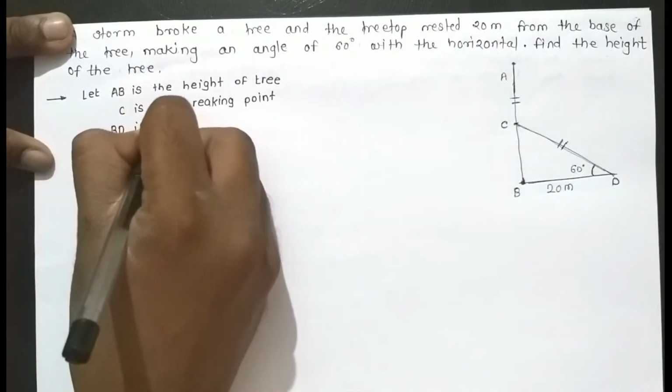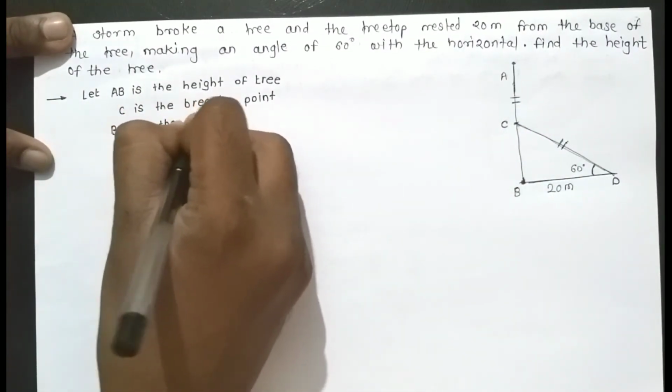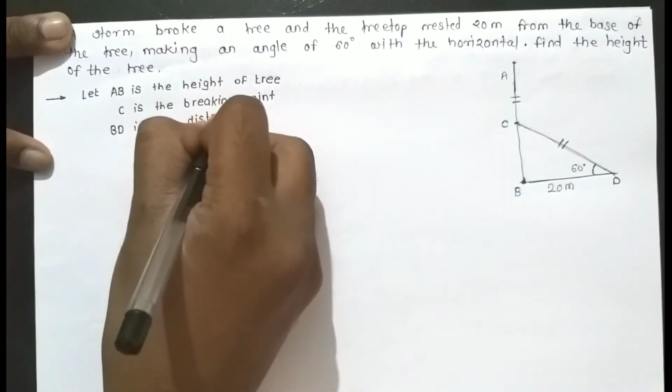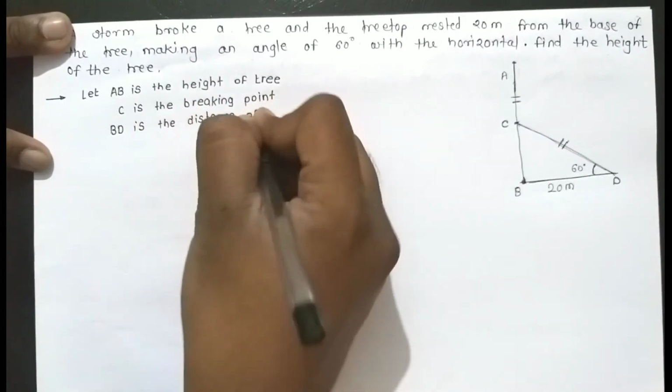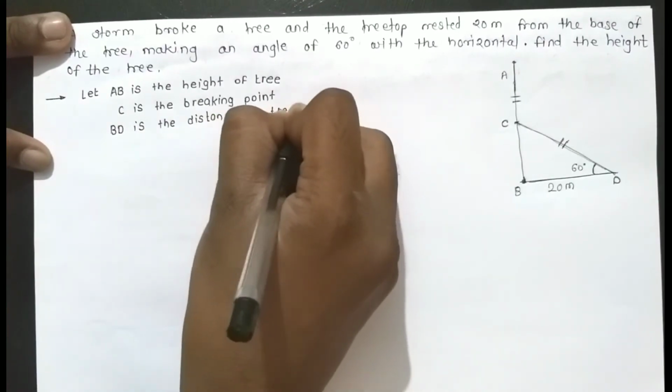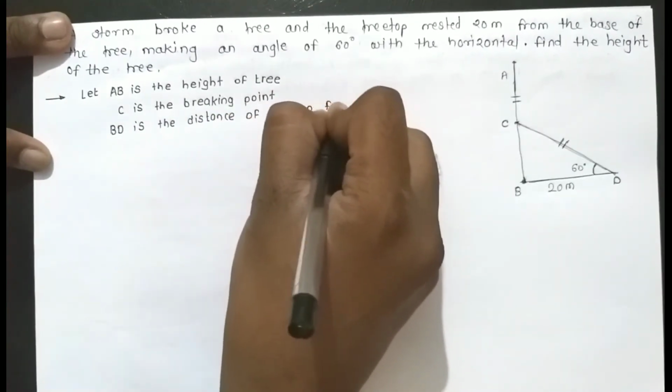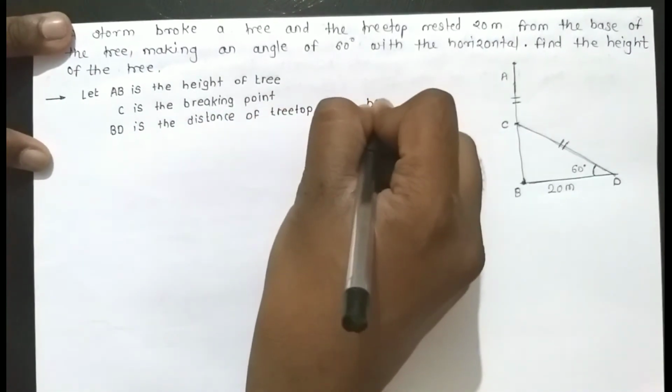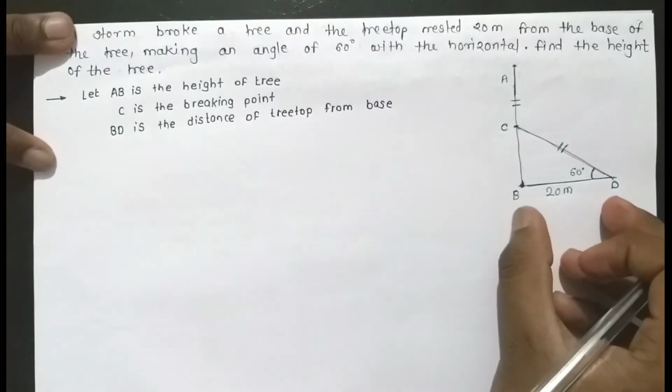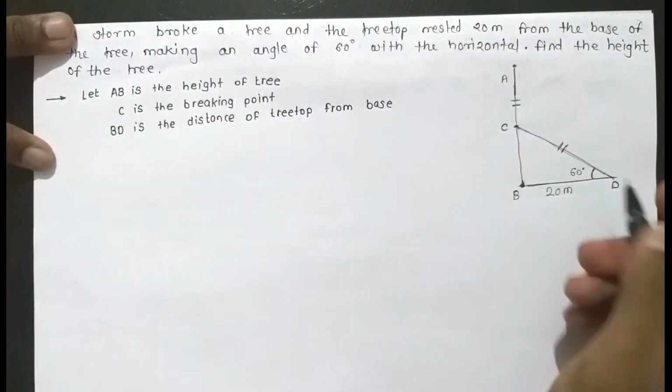BD is the distance of the tree top from the base.